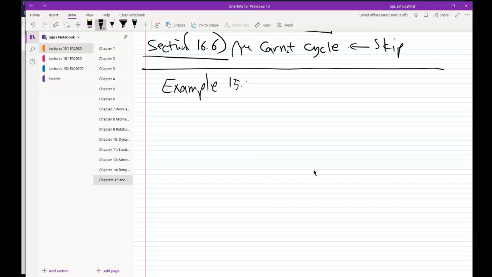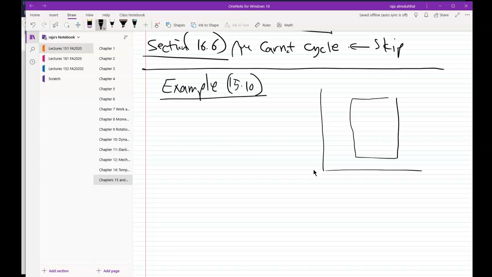1510. And I'm going to draw the diagram. Sorry for the crooked lines. I would rather be using chalk.